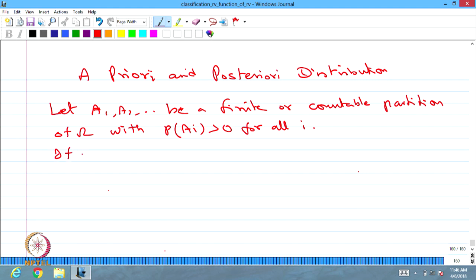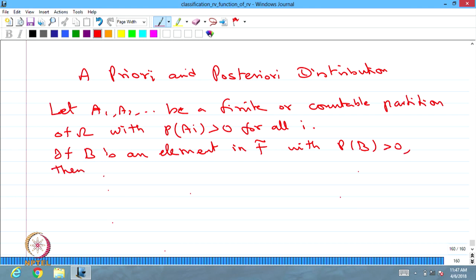If B is an event, an element of F, with the probability of B strictly greater than 0, then the distribution of P of An for all n is called the prior distribution.